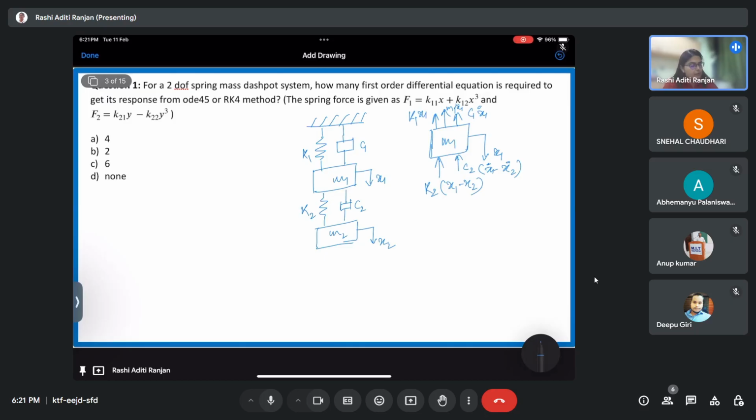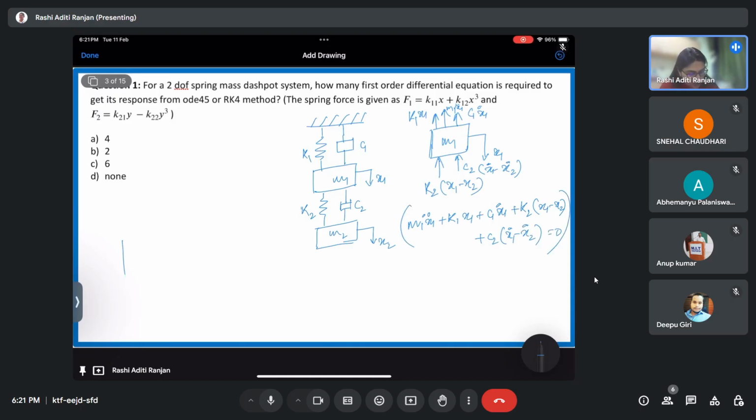So from here we are going to get the equation of motion as this, my first equation, correct?